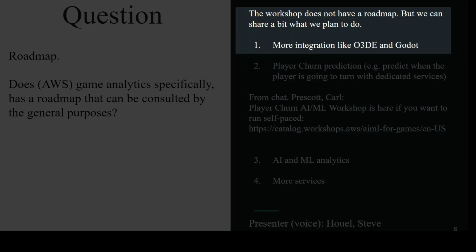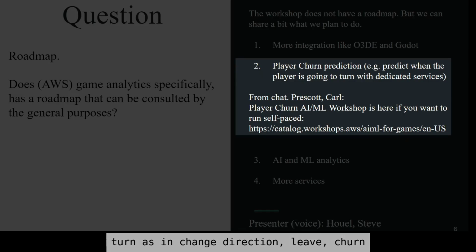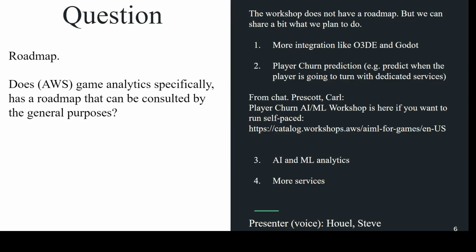So first, we plan to do more and more integration in terms of Godot and engine integration, meaning Godot and Open3D. We also want to add another part managed by Carl, which is the churn prediction. If we're thinking about the game analytics pipeline, it's great to have analytics. It's better to predict, for example, when the player is going to churn, so we don't wait for my player to churn to react.